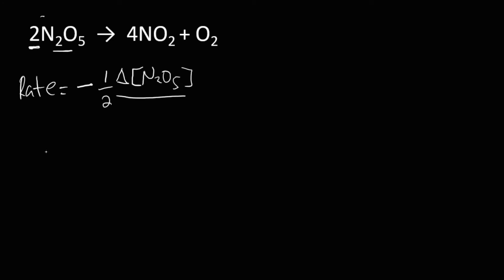And then change in the concentration of N2O5 divided by change in time, which equals 1 over 4. Why 1 over 4? Because our stoichiometric coefficient is 4, so you have 1 over 4 change in NO2 divided by change in time. Now, why is it that we did not place negative here?